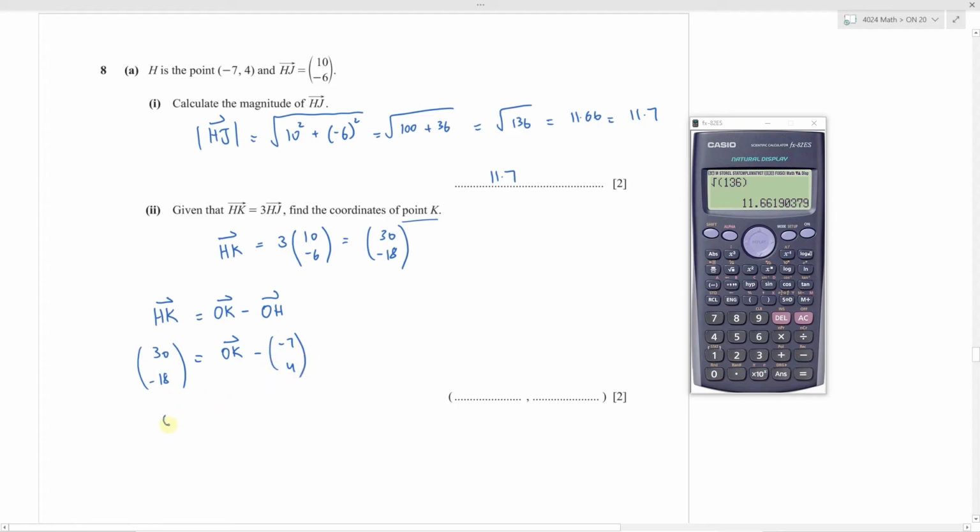If I take this to the other side, OK will be (30, -18), and this will become plus (-7, 4). So 30 minus 7 will be 23, and -18 plus 4 will be -14. So your position vector OK is (23, -14), which means the coordinates are (23, -14) for the point K.